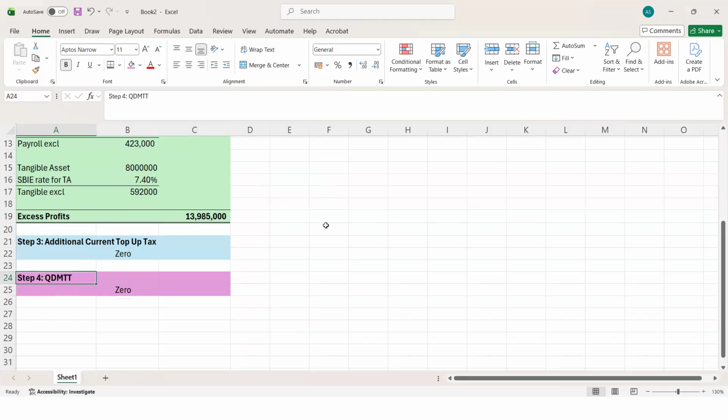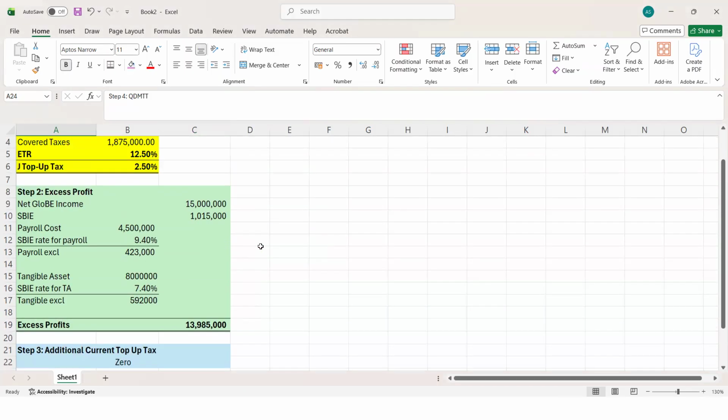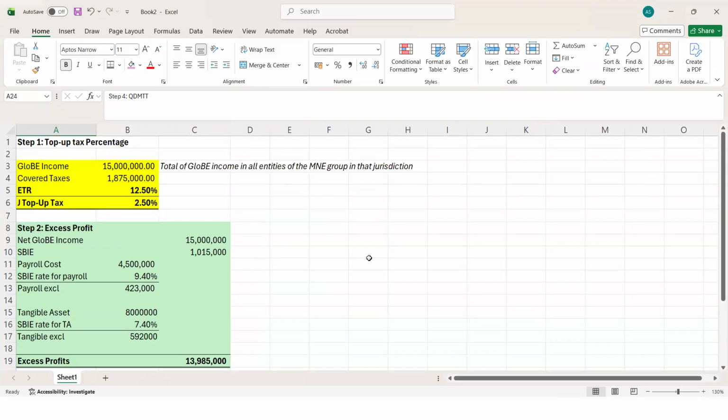Now you tell me what is the jurisdictional top up. So how much top up tax do I have to pay for the jurisdiction? So jurisdictional top up tax is equal to what?